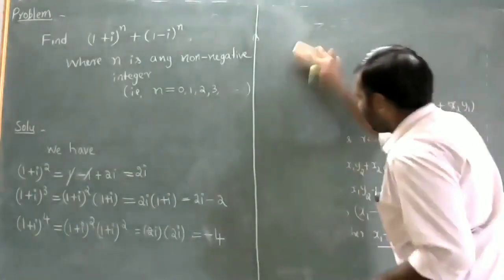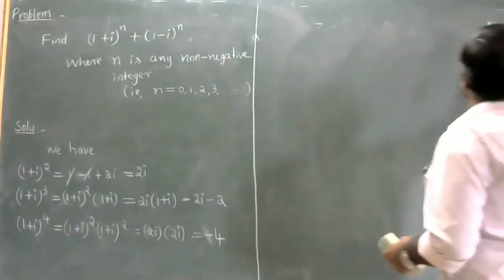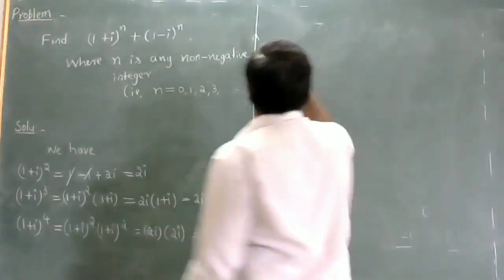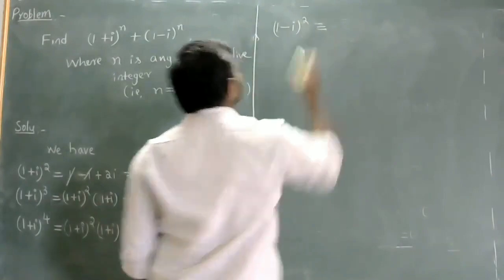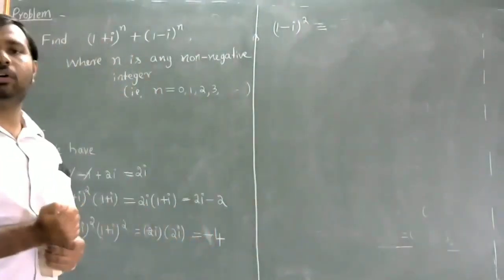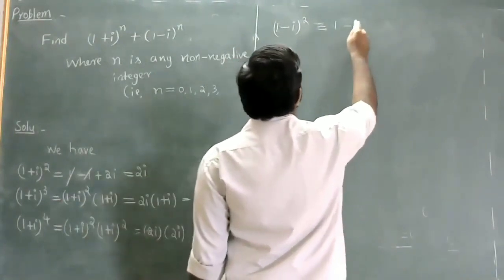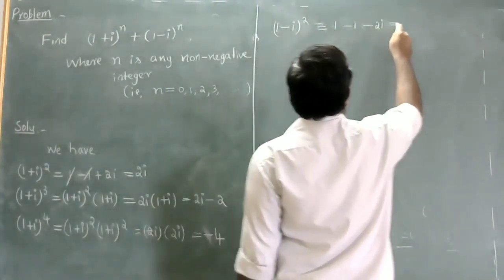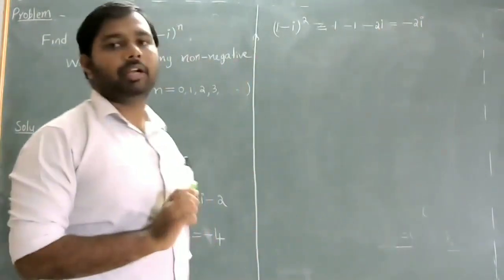Now, similarly, we shall calculate the first few powers of (1-i). So, (1-i)². It is the (a-b)² formula: a² + b² - 2ab. Once again, 1 and -1 get cancelled, and we will be left with -2i.